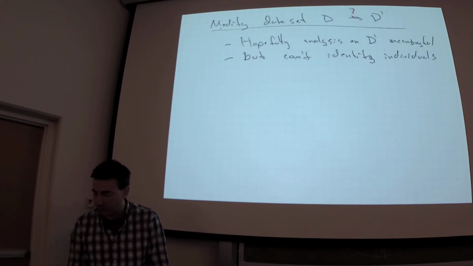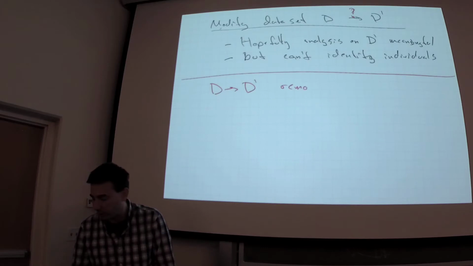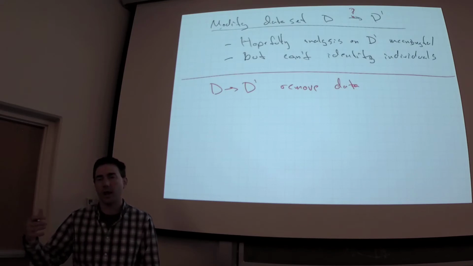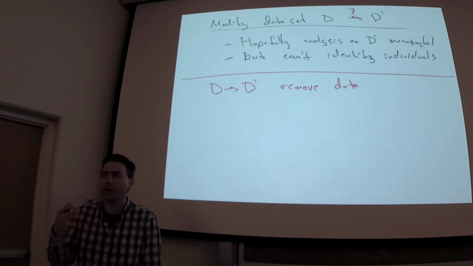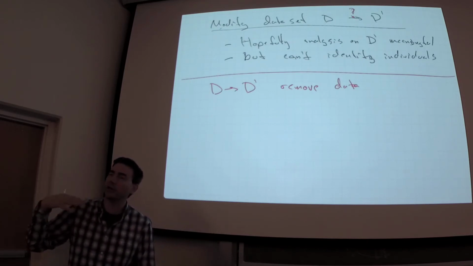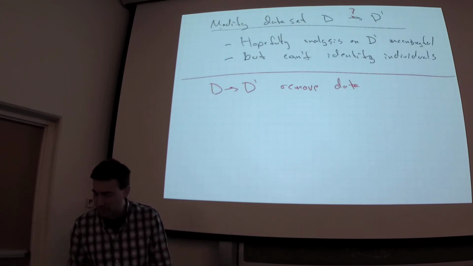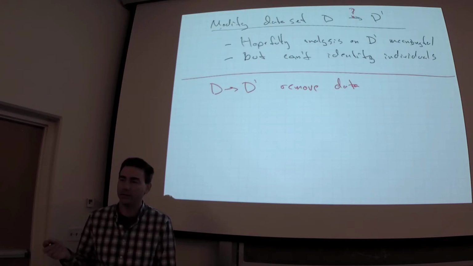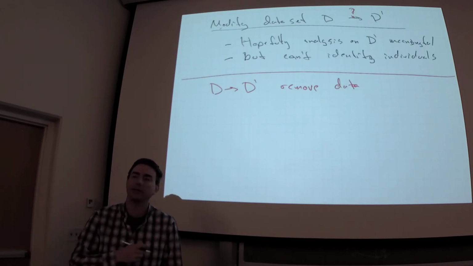The first few approaches to this change from D to D prime were to remove data, so that you could no longer identify individuals, and to ask how little data you could remove up to some sort of standards. There was an evolving set of standards of what was the right property to have in some data set D prime so you couldn't identify individuals.